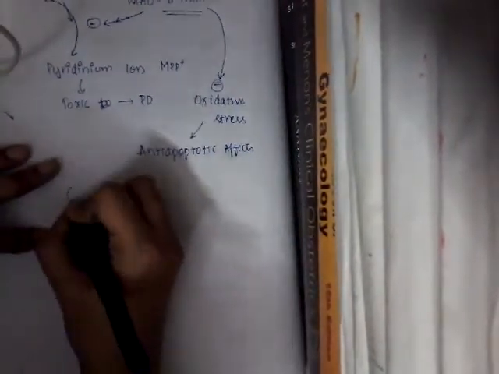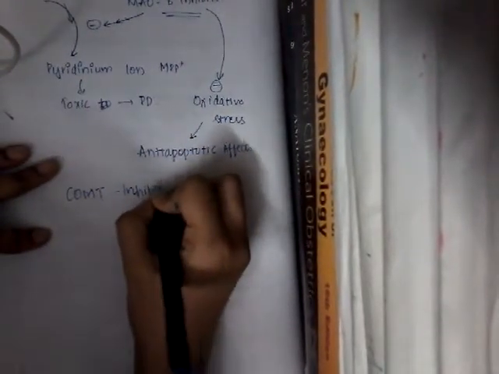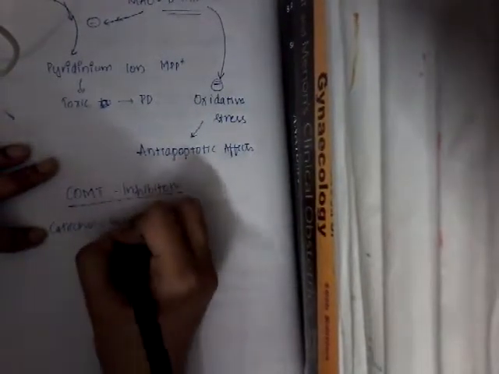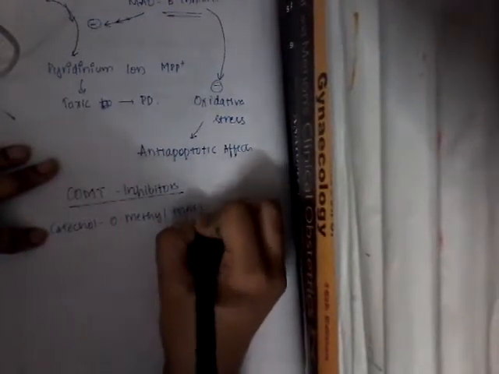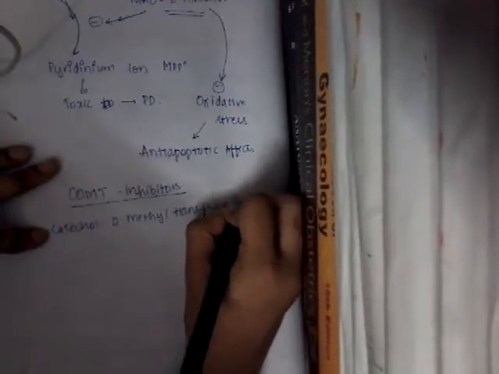So now the next drug which can be used is COMT inhibitors. COMT is catechol O-methyl transferase inhibitors.